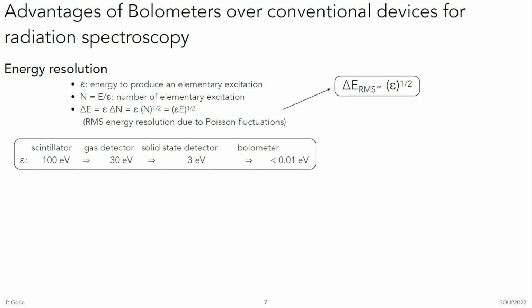Anyway, if you look at the typical energy of the carriers in the most used detectors, so the energy of the scintillation photons, the carriers in gaseous detectors or in solid-state semiconductors, compared to that of cryogenic detectors, it's extremely small.